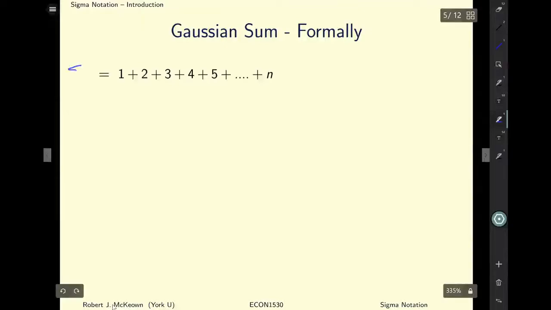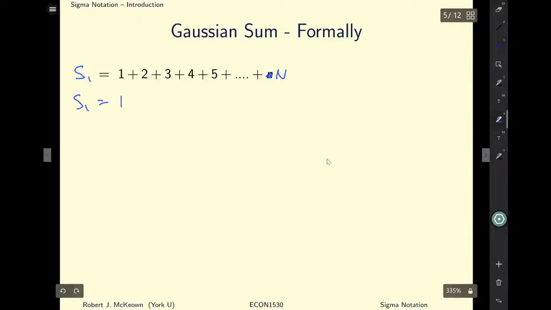And so I could write this in sigma notation just to practice. I think maybe I'll just change that to a capital N to be consistent. I'm going to rewrite this series S1 backwards.